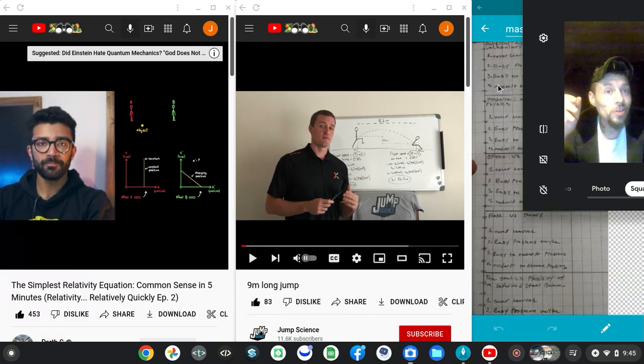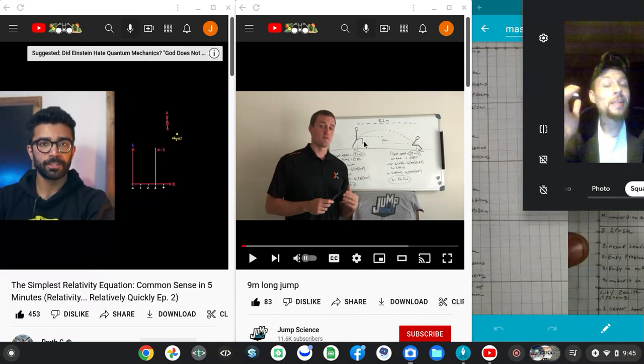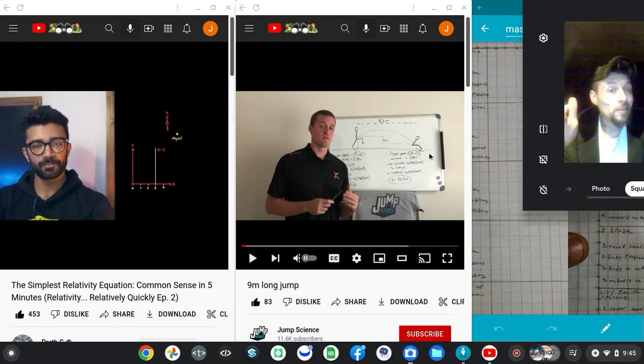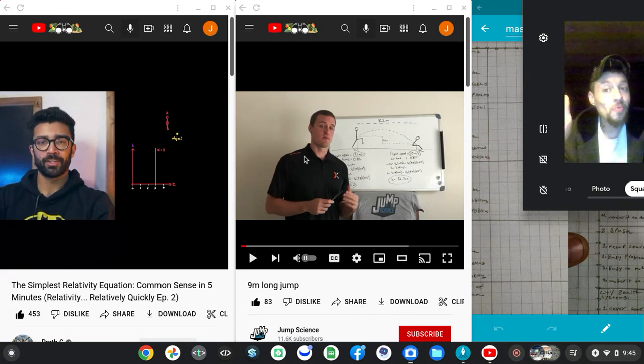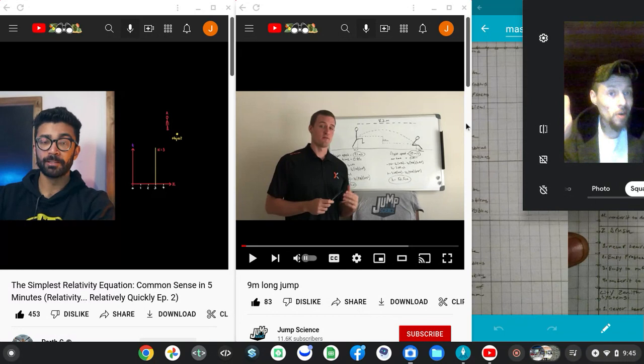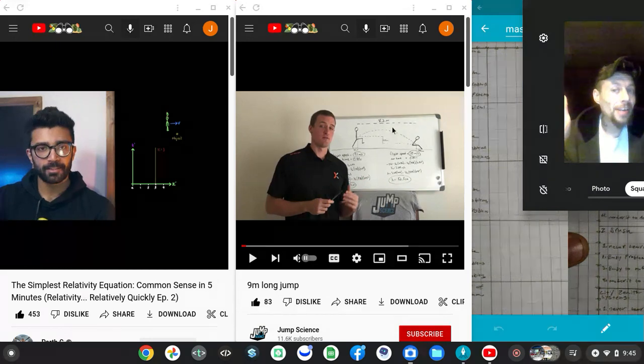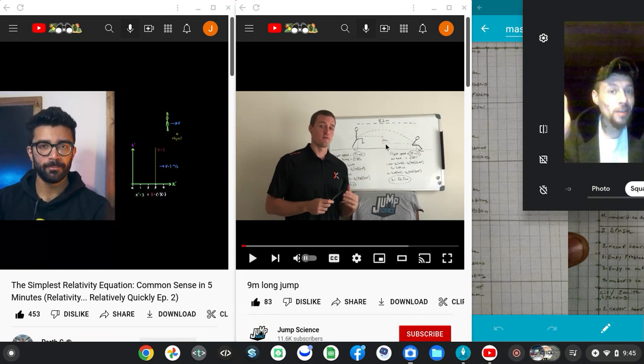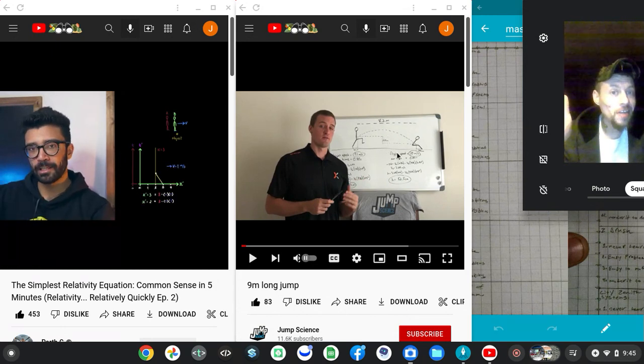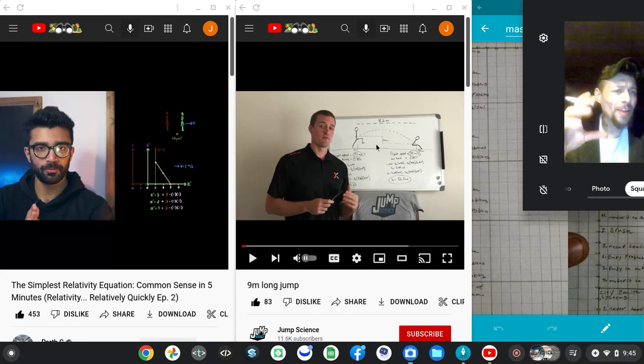Basically, if we know the value of x at any point in time in the unprimed reference frame, then we can imagine that the value of the coordinate in the primed reference frame, which is x prime, must depend on the value of x as well as the relative speed between these frames and how long it's been since the frames crossed over.